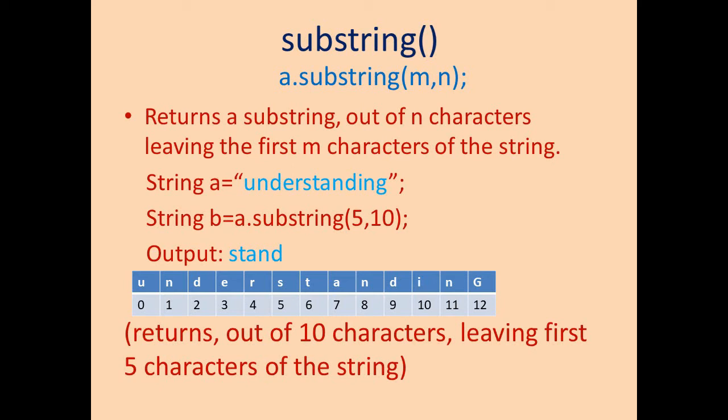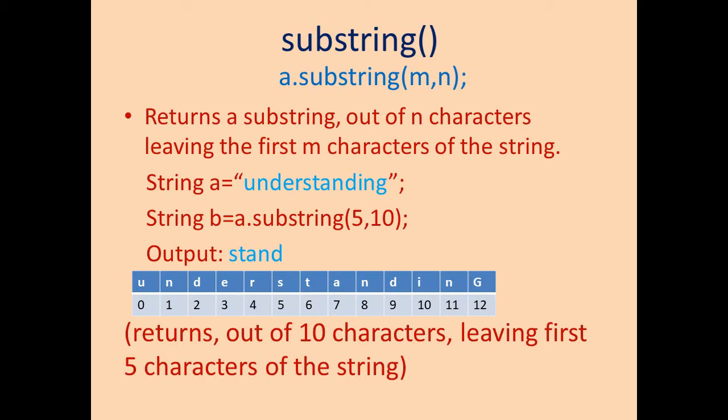With the help of this example, we can learn it easily because here we have given the value as understanding. With the help of that table, just look at that table. The position numbers are also displayed there. It starts from 0. In the question we have given the numbers 5 and 10. Before, I told you it starts from the first position.